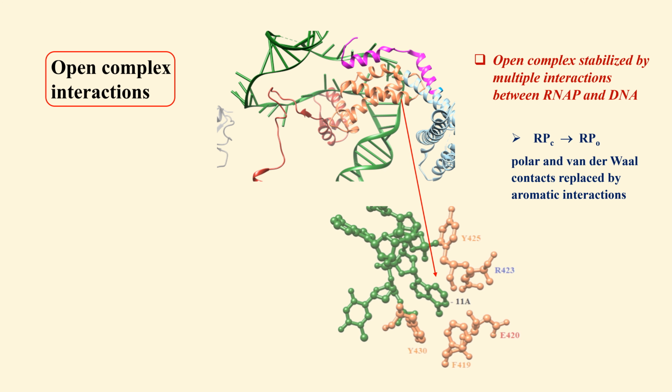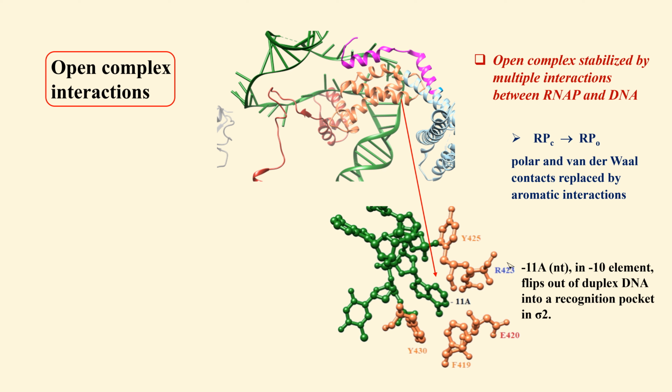Here is an example. An adenine at the -11 position in the non-template strand flips out of the duplex, and this is accommodated in a pocket comprising 3 aromatic residues in addition to 2 polar residues.